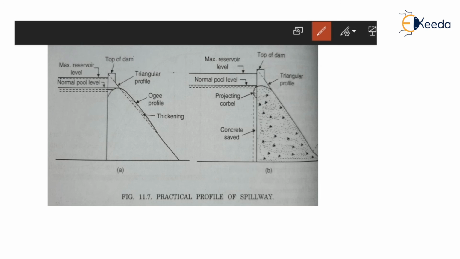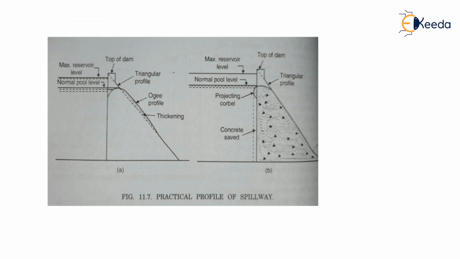You can see here, this is your dam profile, and when we plotted this in the triangular section, what happened? It is found that the downstream curve profile of a spillway goes beyond the straight downstream face of the dam, thus requiring the thickening of the downstream face to accommodate the Ogee profile.